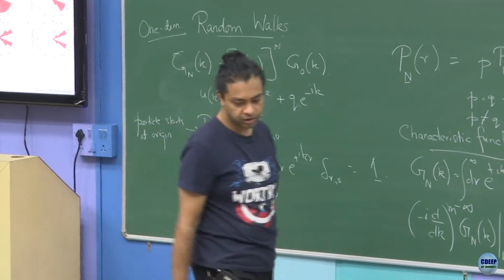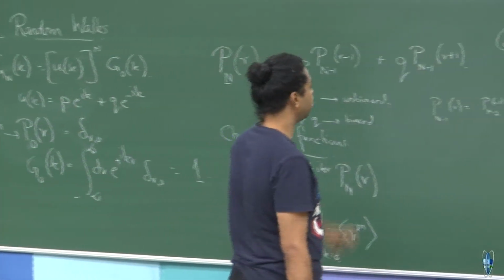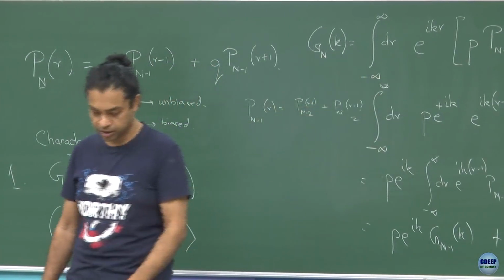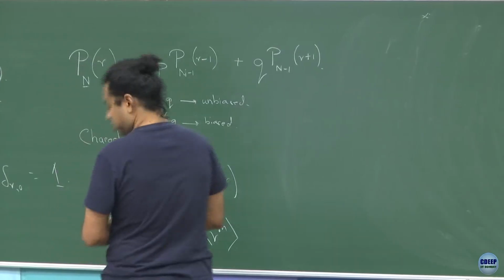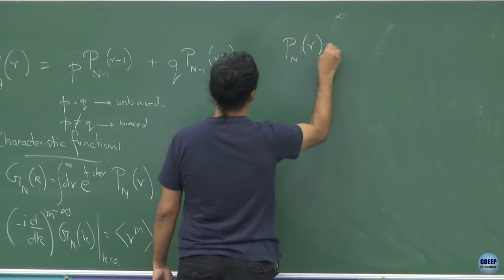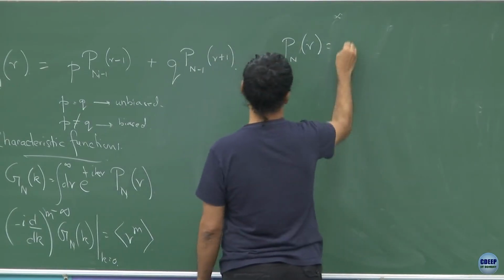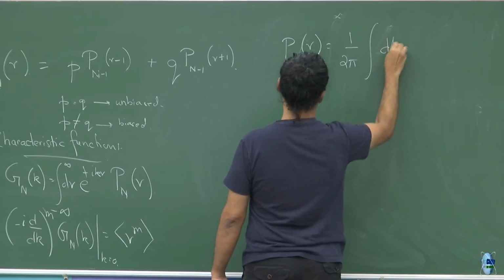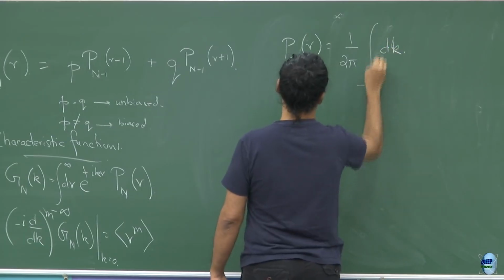Once you solve for your Gn of k, it means that you can now do the inverse Fourier transform and obtain your Pn of r, right. Okay, so I want my Pn of r, which is 1 over 2 pi integral dk from minus infinity to infinity.